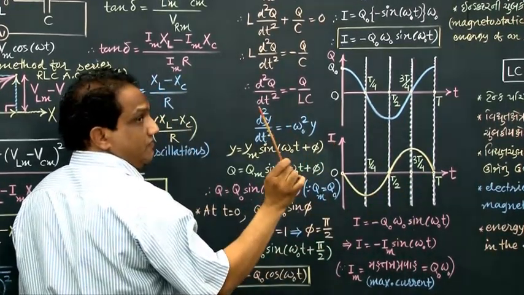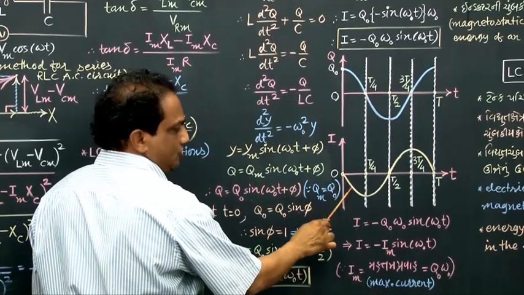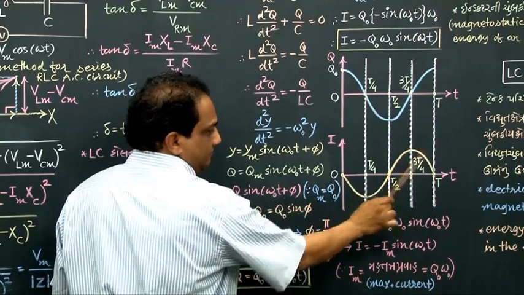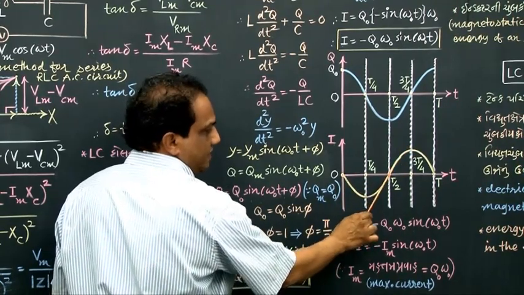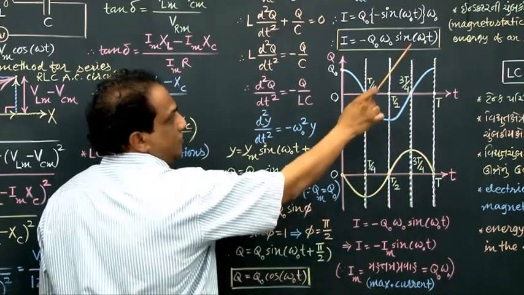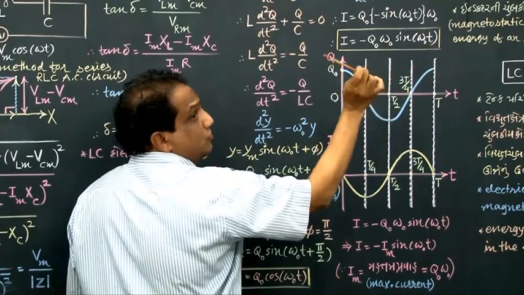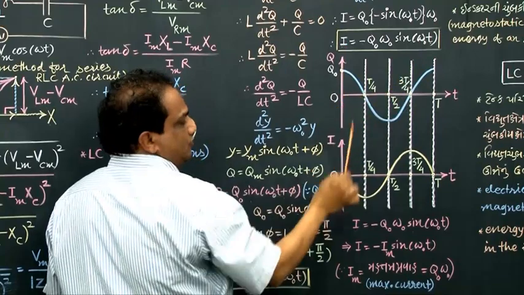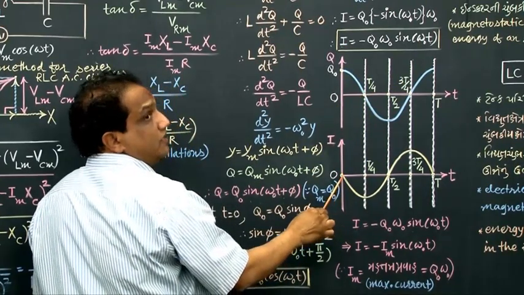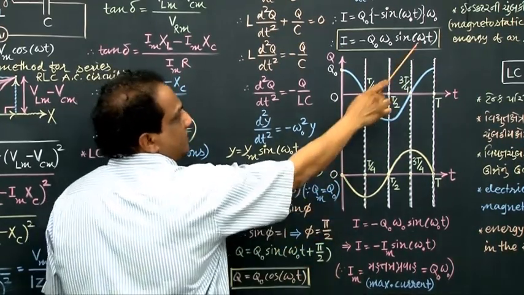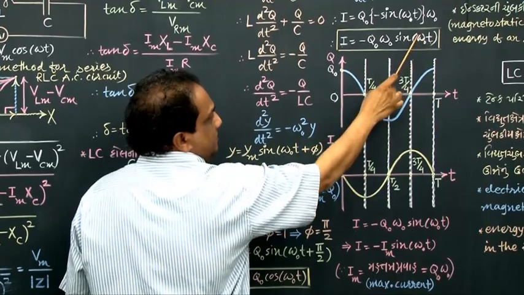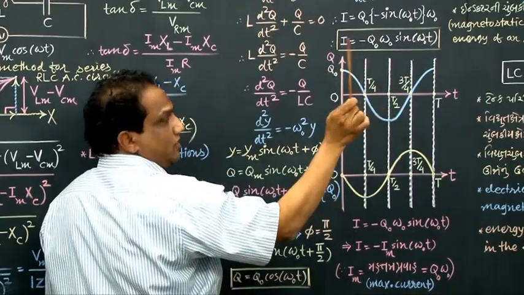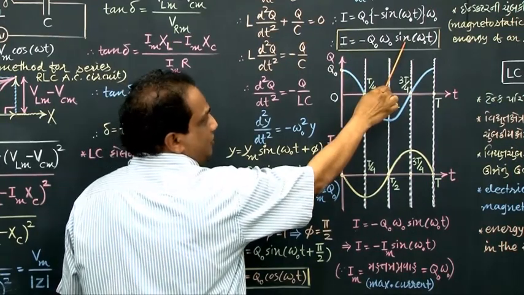Because it is an inverted graph of the sine function, you should first show this part, that is crest, and then trough. This is trough and then crest. If you place t equal to 0, then sine 0 is 0, so this whole part will be 0, I equals 0. So the graph starts with I equal to 0. Then as time increases, as this angle increases in the first and second quadrants, the sine function remains positive.